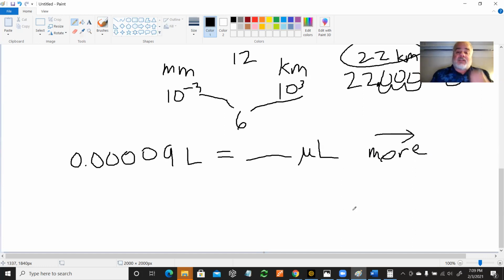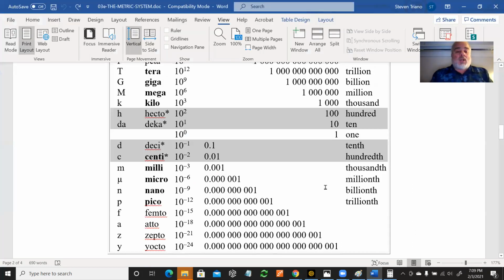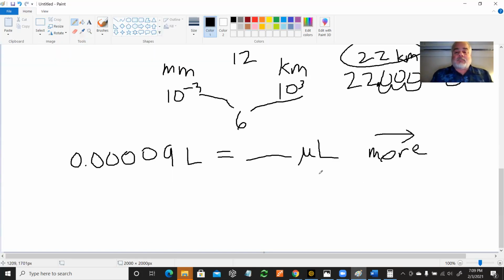Let's look at the prefixes. First, microliter. Micro is right here at 10 to the minus 6. 10 to the negative 6. And what about liters? What's the power of 10 for liters? We're looking at the prefix. What's the prefix for liters?